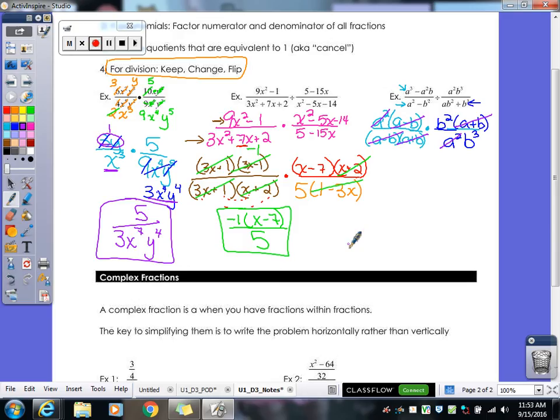So if we write what's left in our numerator, we have b squared over b to the third. Yep, so we subtract our exponents. What do we get? B to the negative 1, which we can't leave that way, so we got to move it. That comes down in the denominator, and so we get 1 over b. That's our final answer.